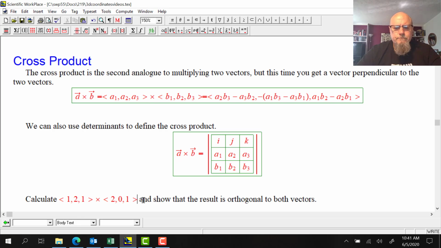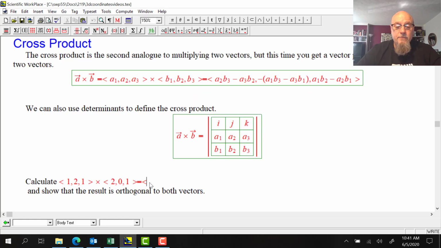To be honest, if you weren't looking at me, I'd use the determinant way. I think it's easier. But let's use our formula way here. The first component is going to be 2, 3.